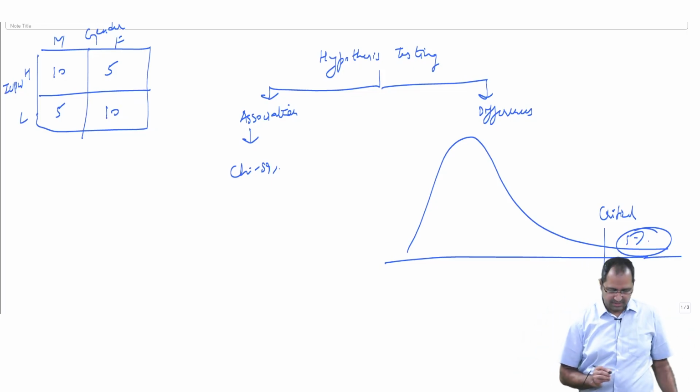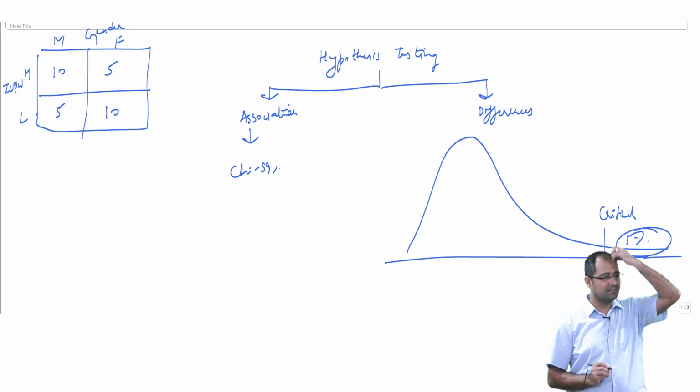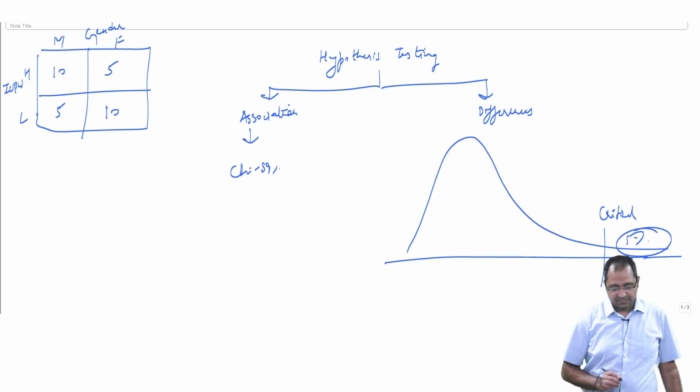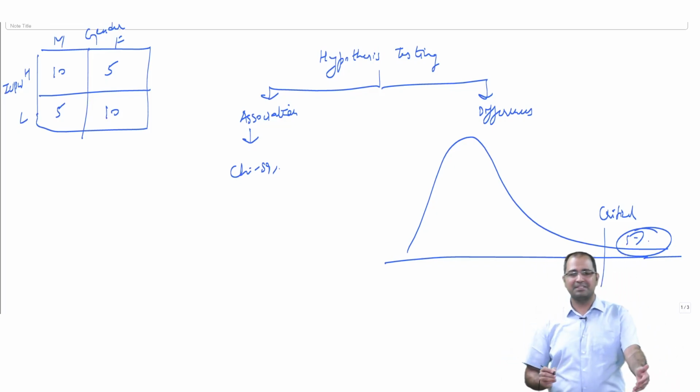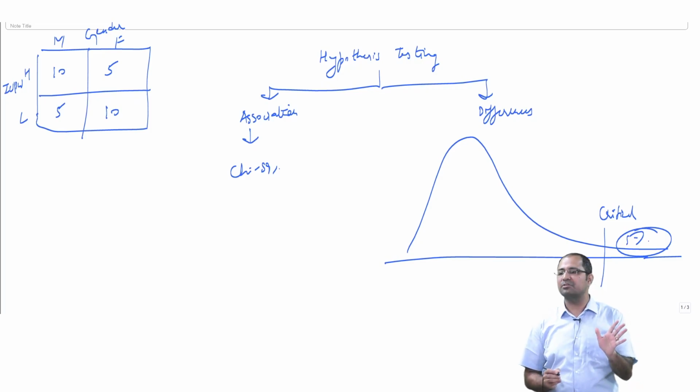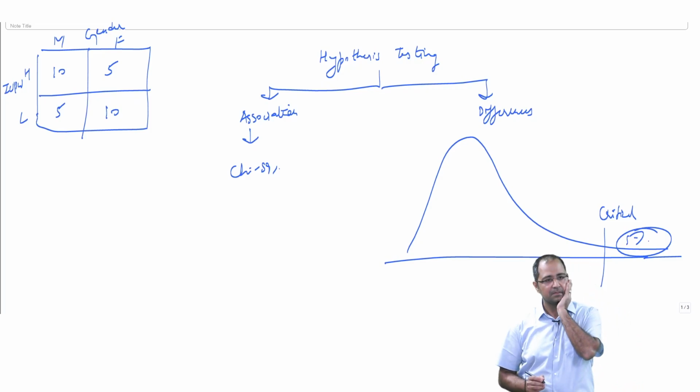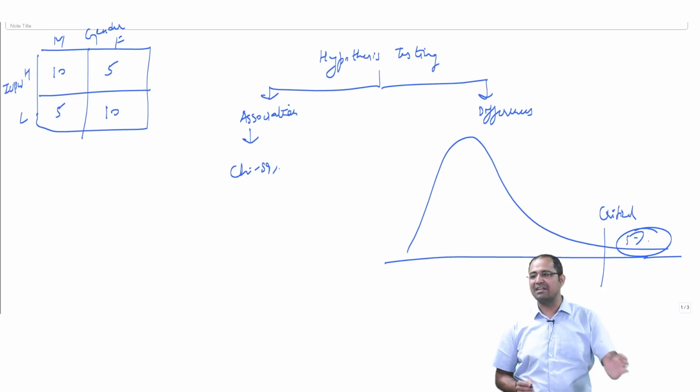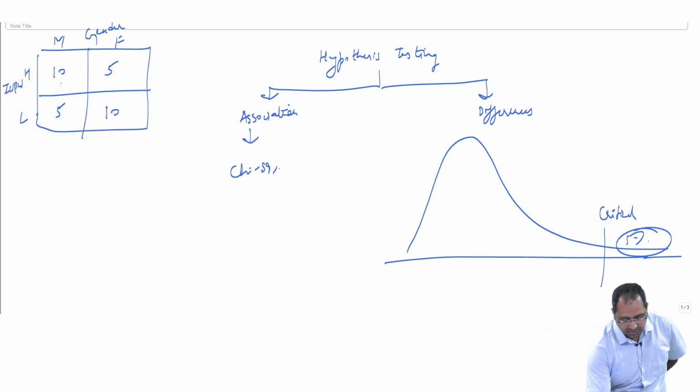Right? Now, this is a sample. What is the null hypothesis? That there is no association. If there is no association, the frequencies would have been equal. So the totals are 15, 15, 15, 15.